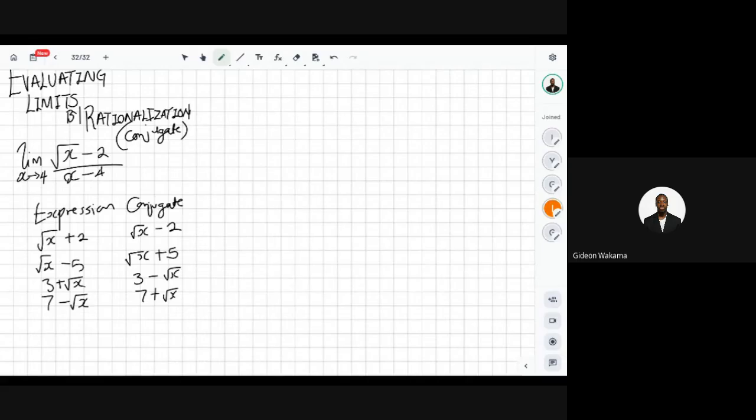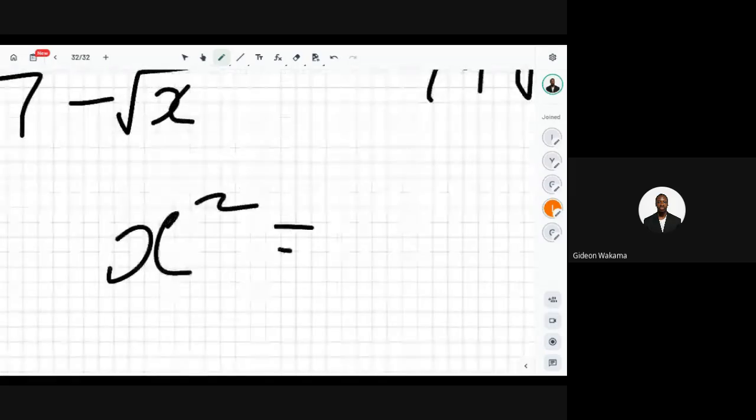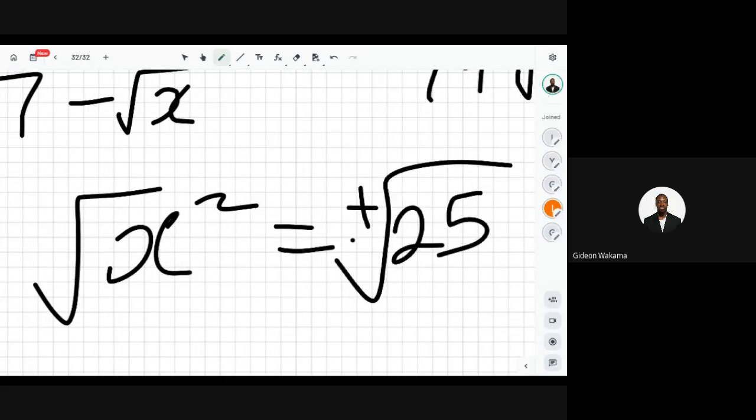When we arrive at a difference of two squares, when a square root multiplies a square root, it cancels out. Remember when we say x squared equals 25, and then we square root both sides, and we say the square root cancels the square. That's how it is.